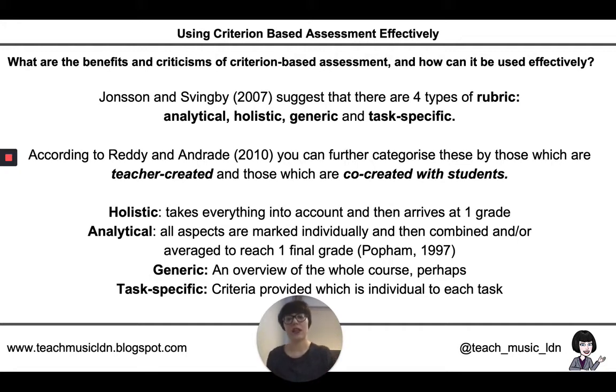I personally have only focused on the teacher-created rubrics, and I think that's probably what most busy teachers would be doing, because they are the ones that are driving that curriculum, saying this is what I'm teaching, this is when I'm teaching it, this is why I'm teaching it, this is what I expect the students to be able to do, this is the task that's going to show me that they can do this, and therefore this is the mark scheme, the rubric that I'm going to apply to that specific task.